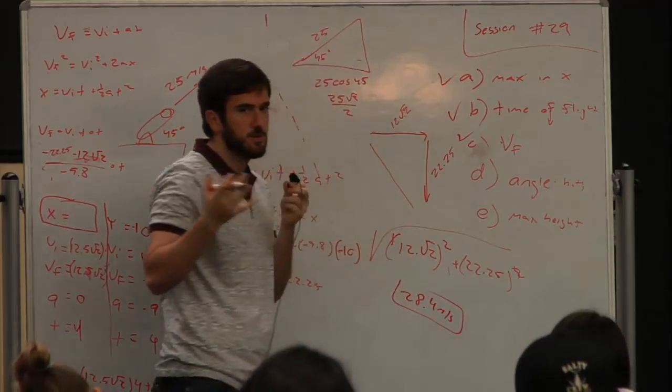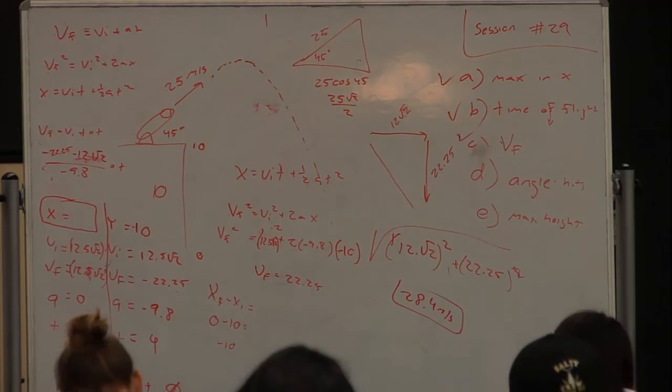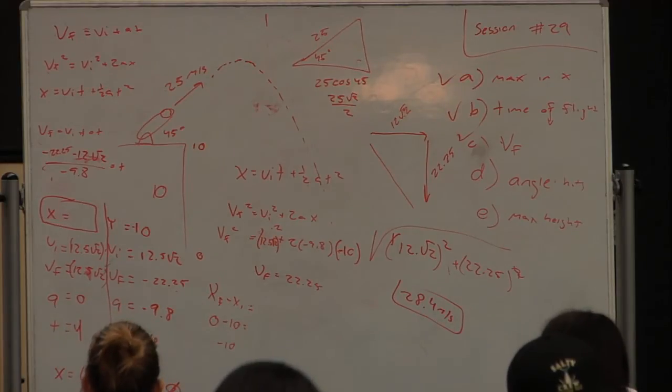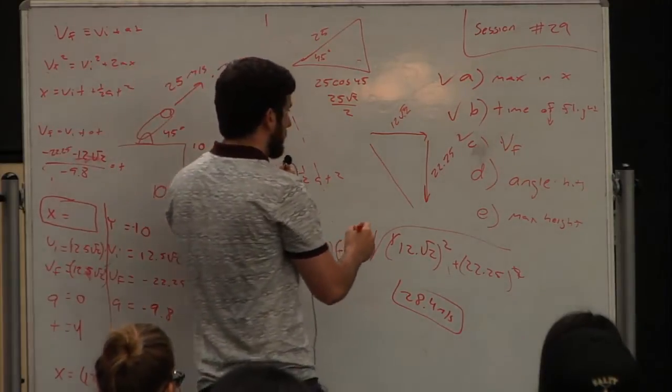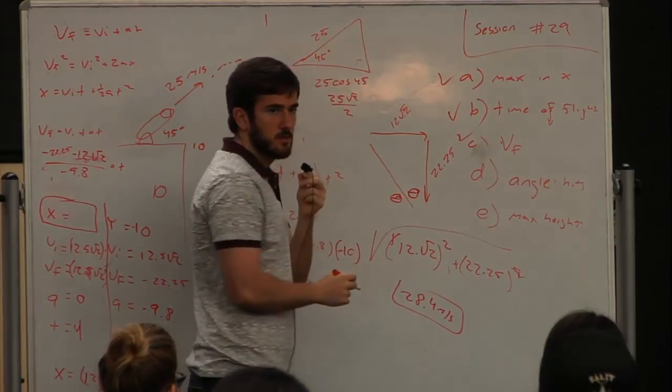So now if we want to solve for the angle it hits the ground with, how are we going to do that? Do you guys know? No? It has something to do with that triangle I just created. It's either going to be this angle or this angle, and we can solve for either one as long as you use relative terms.